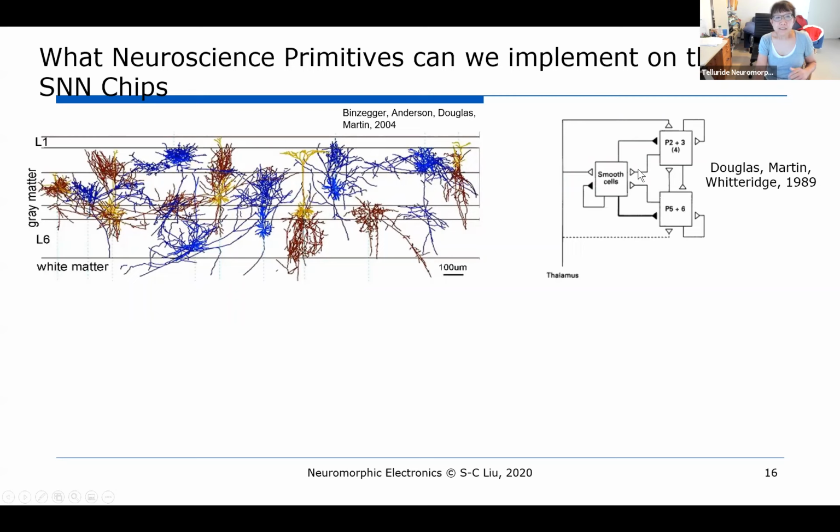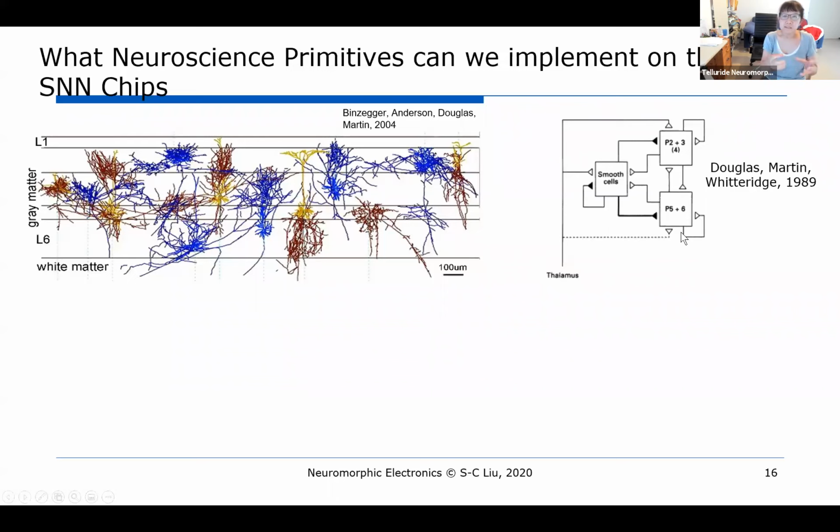Between these 3 blocks, you have connections between each other and also to yourself, so you have your own self-recurrence. You also have excitation on each other, and the inhibitory population inhibits the excitatory population. And also you get the input, in this case from the thalamus, which weakly drives these blocks.